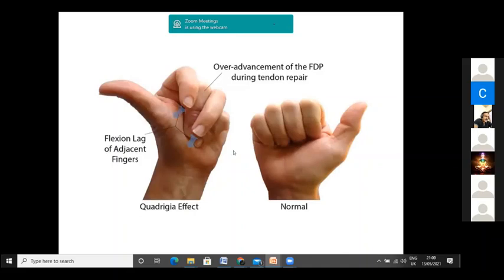This picture explains why you don't do it. If you make a tunnel, the length of the tendon will be effectively reduced. Hope you understand. If you make a tunnel, that tendon has to go further inside. But if you make this tendon a bit short, all the fingers work together. So this is known as the quadriga effect.